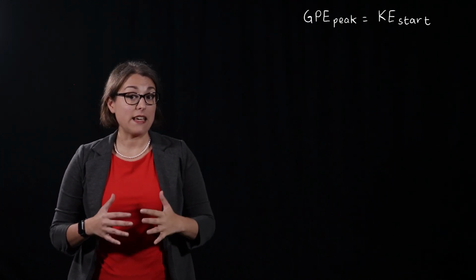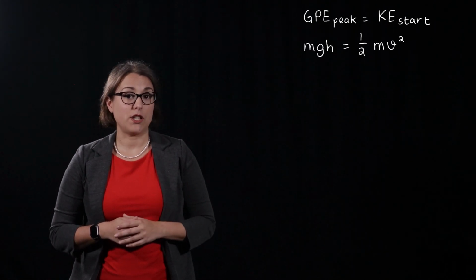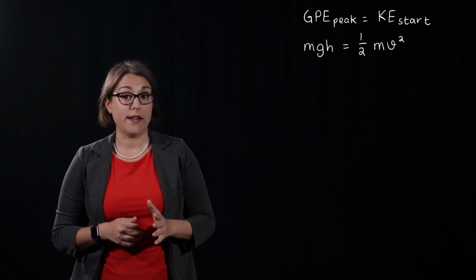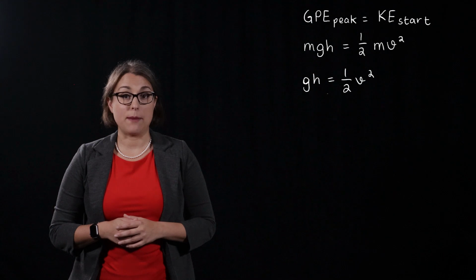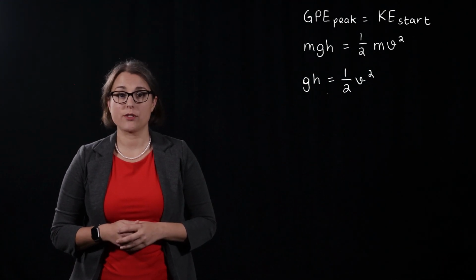Because energy is a scalar, we can now ignore the sign of the gravitational acceleration. Let's plug in the equations for GPE and KE and solve. M times G times H equals 1/2 times M times V squared. We can divide both sides by mass to cancel out the M terms.